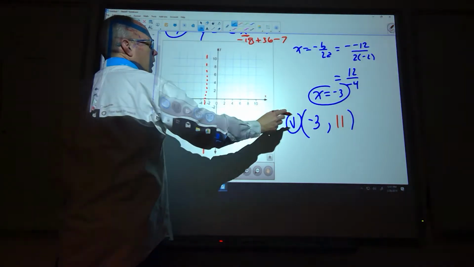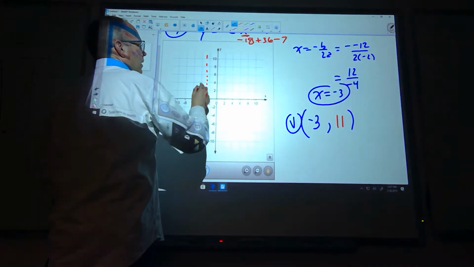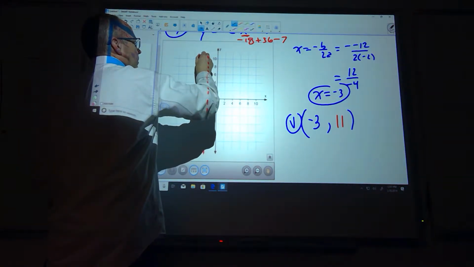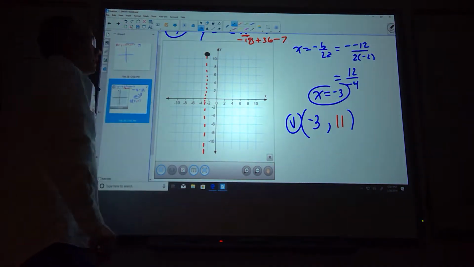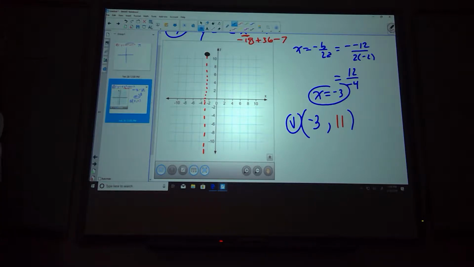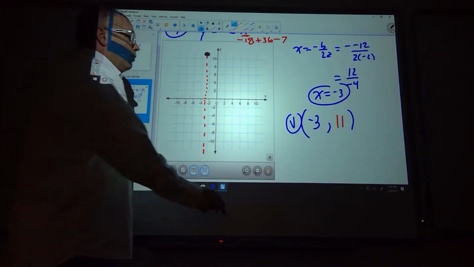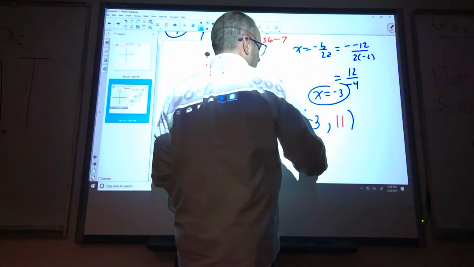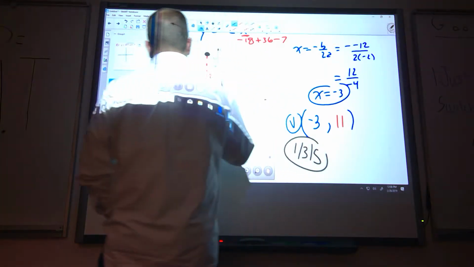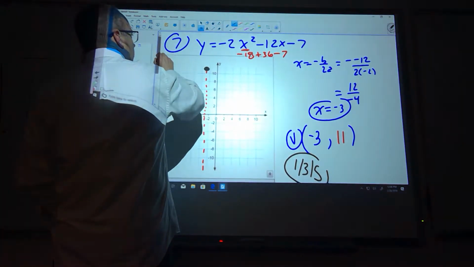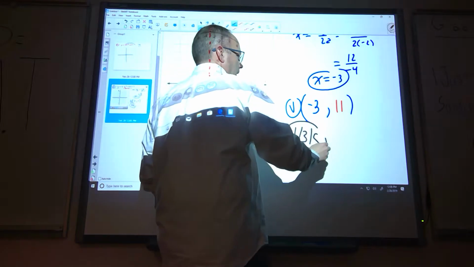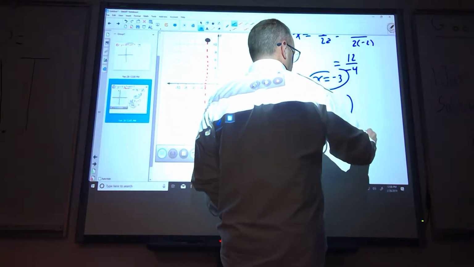And then I'm going to go negative 3, positive 11, which is about right there. Those are counted by 2s. And then it's not going to be 1, 3, 5. We have a negative a value, right? So that's going to be multiplied times negative 2, so I get negative 2, negative 6, negative 10.